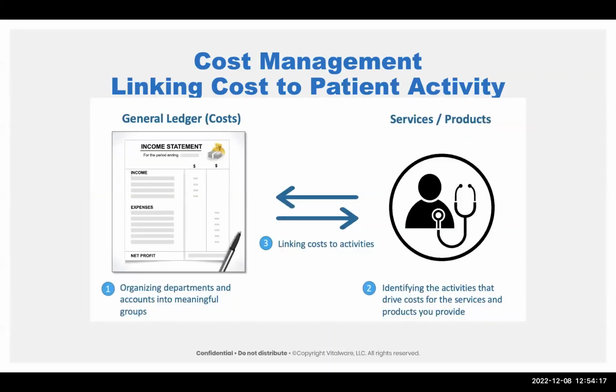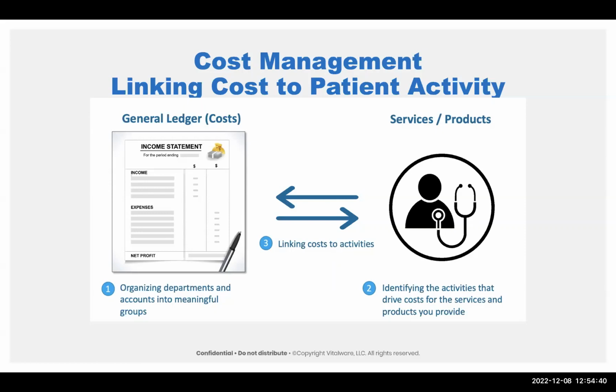Linking cost to patient activity is important. So you organize departments and accounts into meaningful groups. You're using ADP, time cards, the general ledger, the income statement, the patient care rates, the ICD-10 codes, the CPT codes.